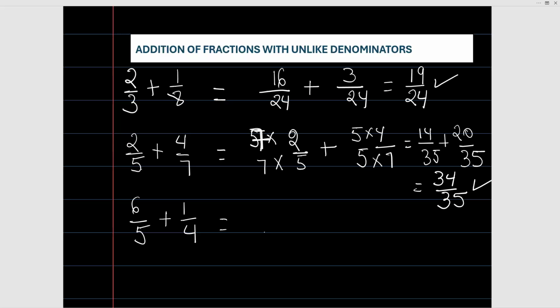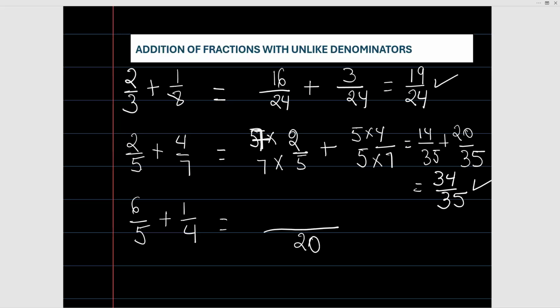So the least common denominator of 5 and 4 is 20. It means that is the least number that can be divided by 5 and 4, and we're not going to have a remainder. So the remainder will be 0.